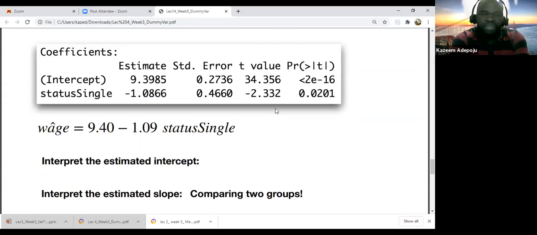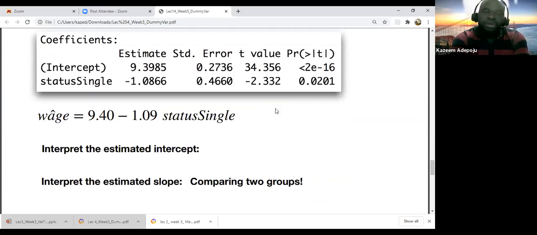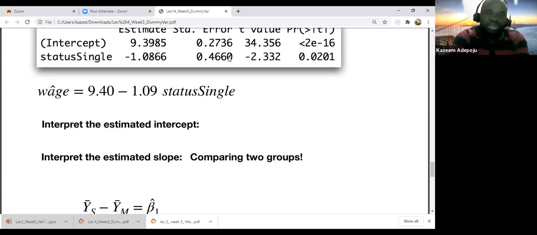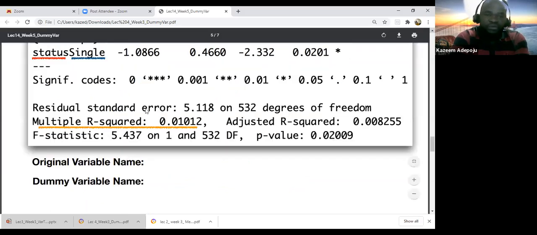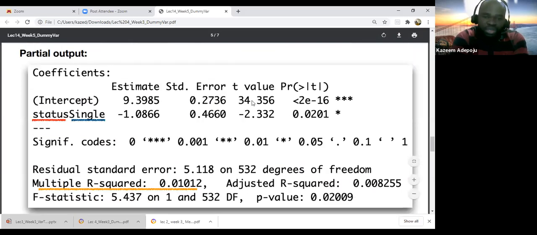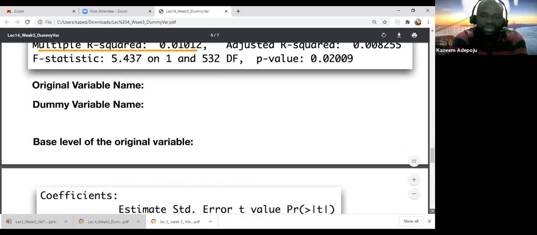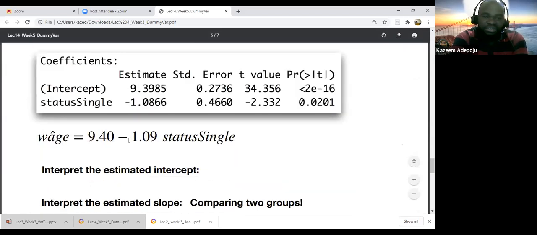Based on what we have for now, if you take a look at the output, I'm going to show you something. Based on the model that we have right now, using the combination of the estimates, I'm going to have this one.